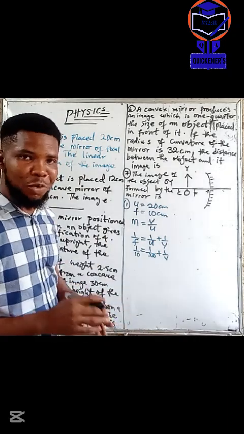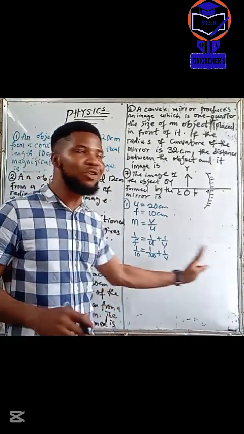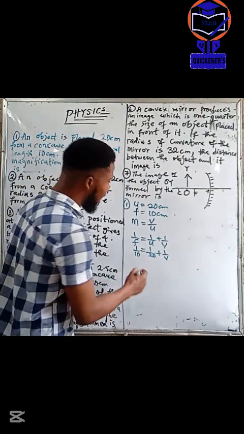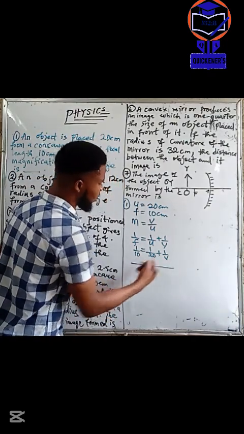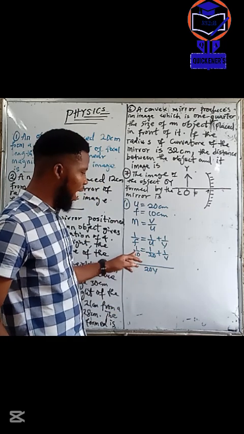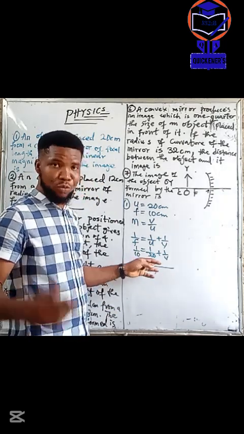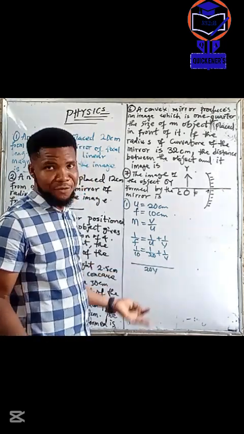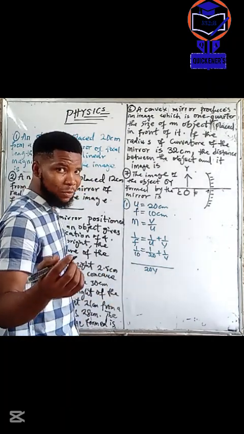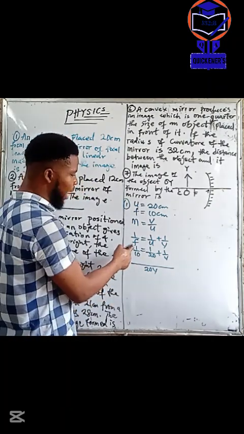A very simple way to solve this is just to find the LCM of all the denominators, alright? The LCM of 10 and 20 is 20, then we have v, so that's 20v. So 20v divided by 10 is 2v, so multiply this by 2v.